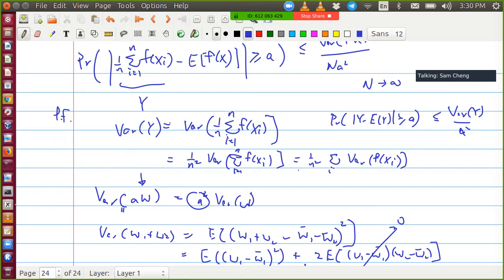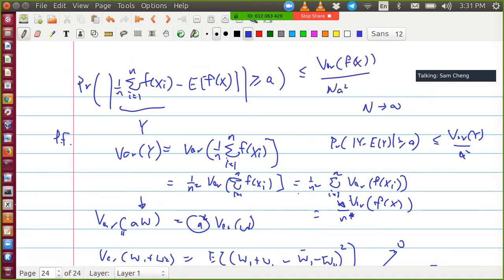And because we assume they are identically distributed, with the same distribution, we can just write variance of f(x) instead. The index doesn't matter, the statistics are the same. So you have n of them, over n squared here. So you get variance f(x) over n here.